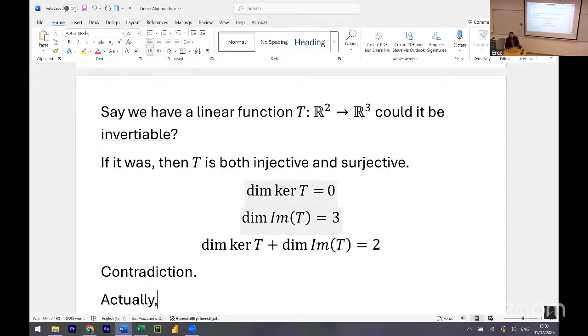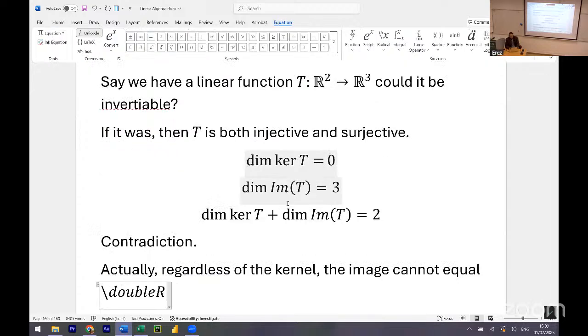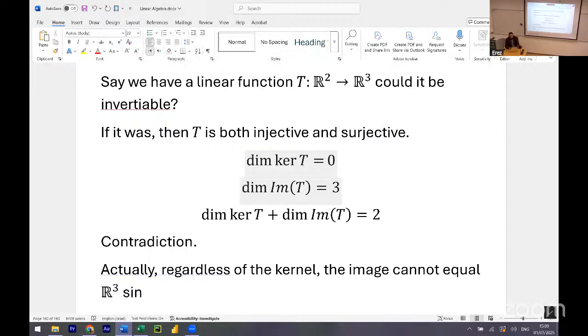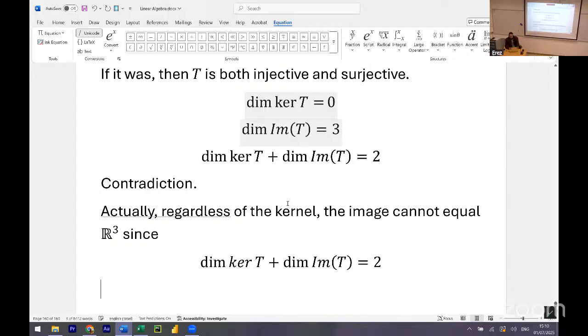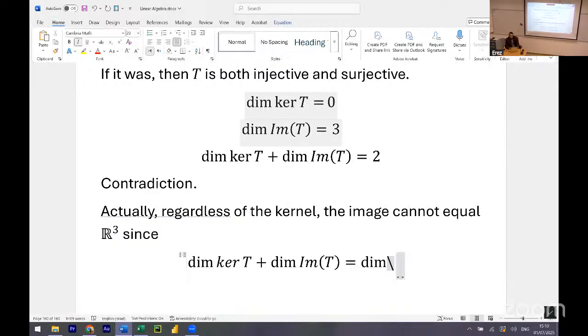Actually, regardless of the kernel, the image cannot equal R3, and since the dimension of the kernel, which we don't care about, plus the dimension of the image ought to be the dimension of the domain.